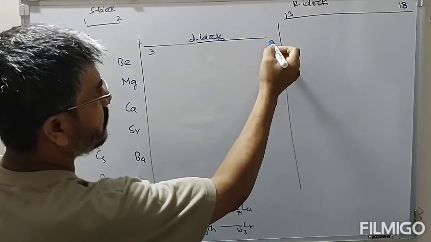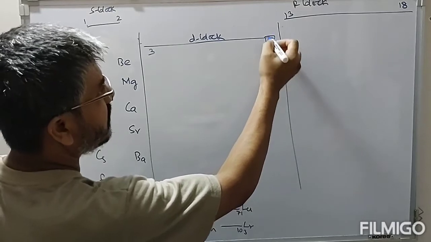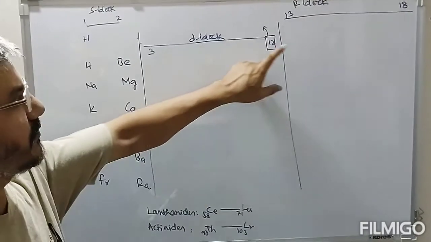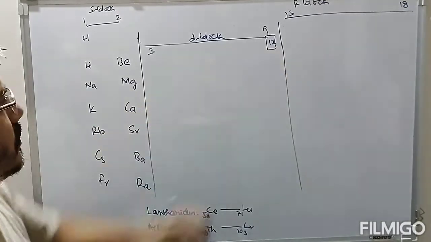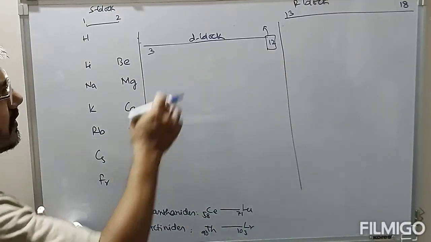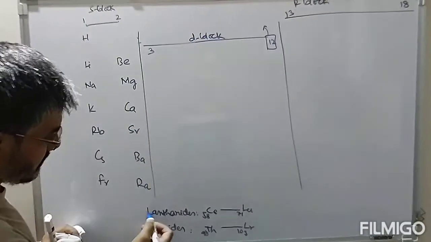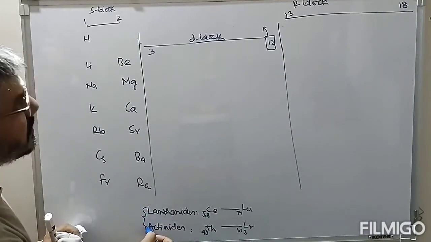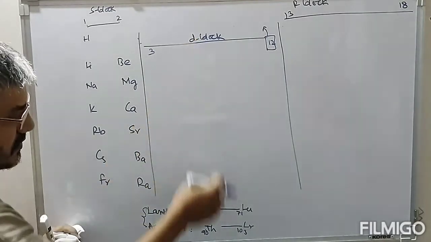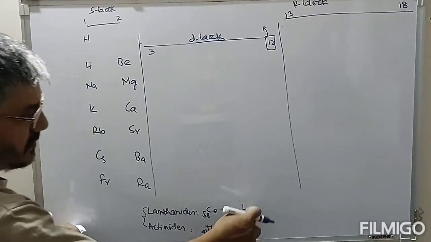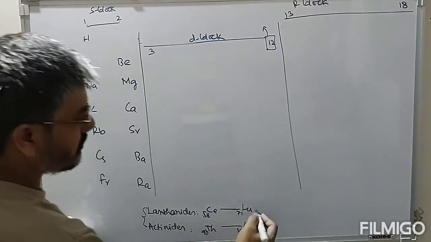These group 12 elements, I told you, are not considered to be D block elements because they have completely filled D orbital. So look at this. These form a series within the transition series. So these are known as inner transition elements. This is F block.